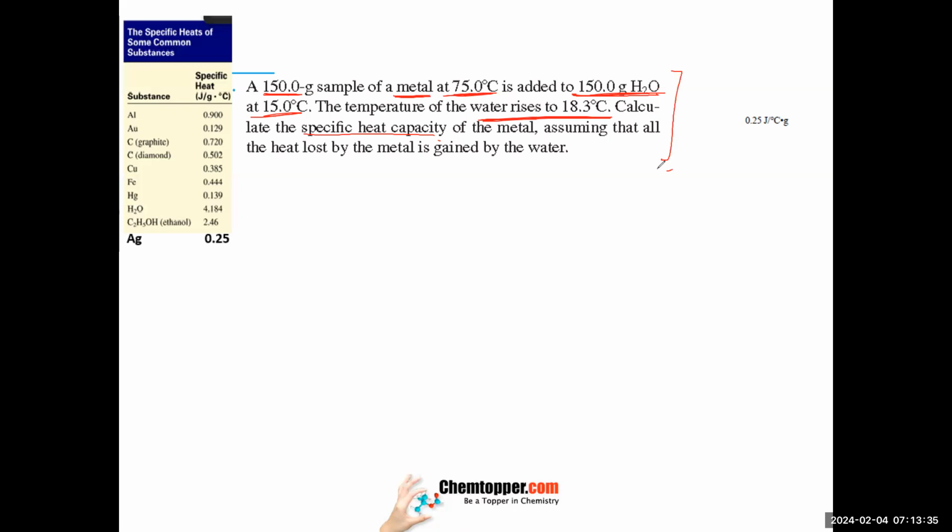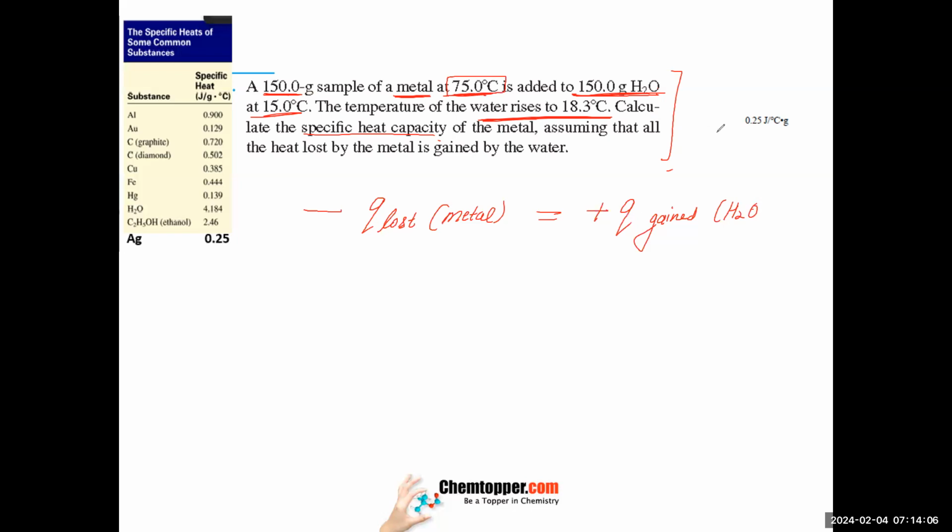Which system is losing heat? Metal or water? Metal is losing heat because metal is at high temperature, and water is gaining. So minus Q lost, which is metal, is plus Q gained, which is water.